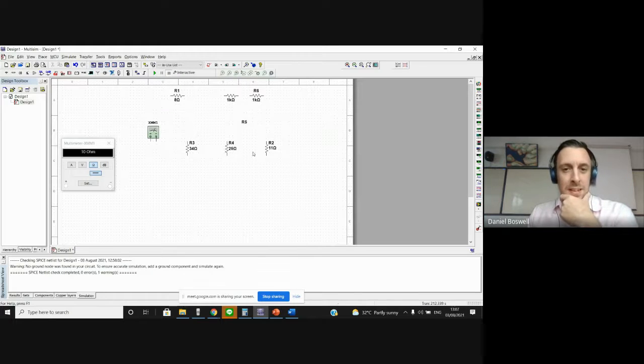If it was 10 ohms and 10 ohms in parallel, you could halve it, so that would be 5. 20 and 20 would be 10 ohms resistance. Now they're not the same, so we have to do a different calculation that we just learnt.